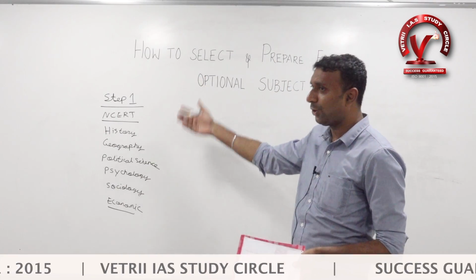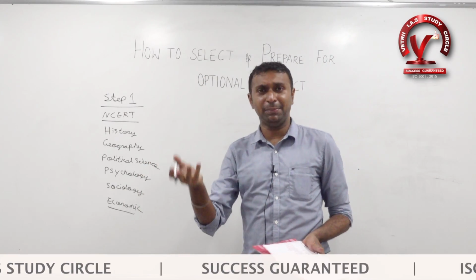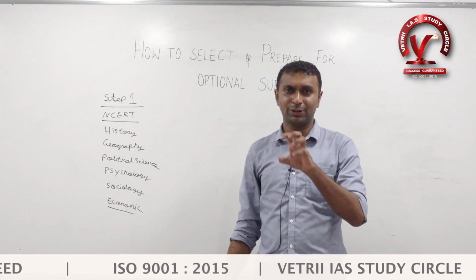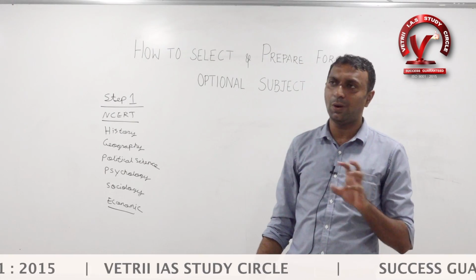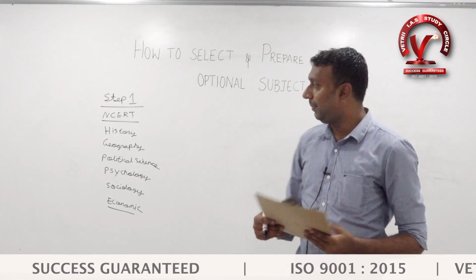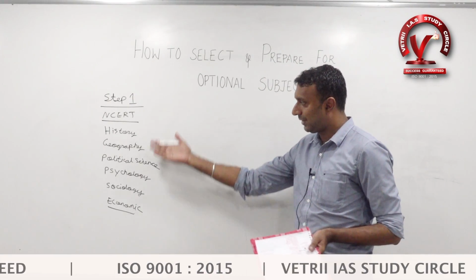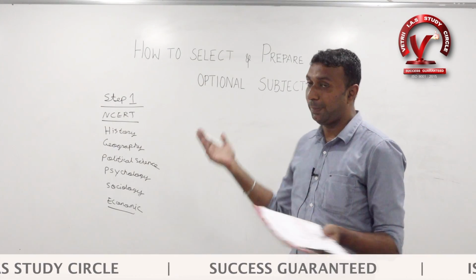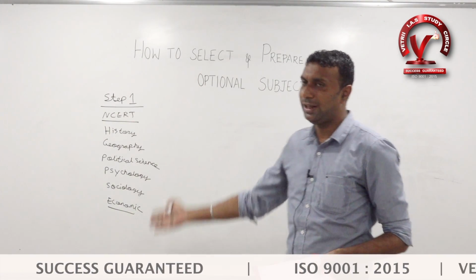Those topics are not covered here, but mostly physics, chemistry, botany or mathematics as an optional subject is taken only by those candidates who are very confident in that subject. But students who want to select history or geography, or are confused about which topic to select, can just go through the NCERT.